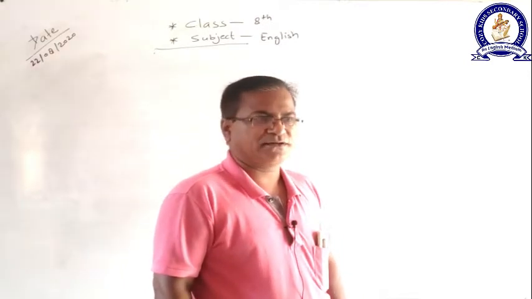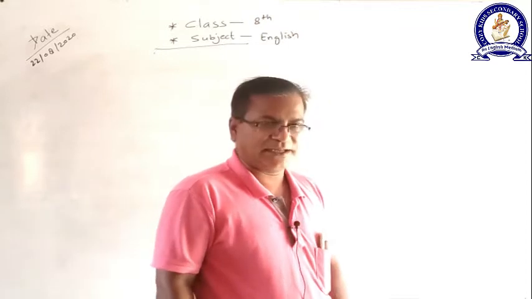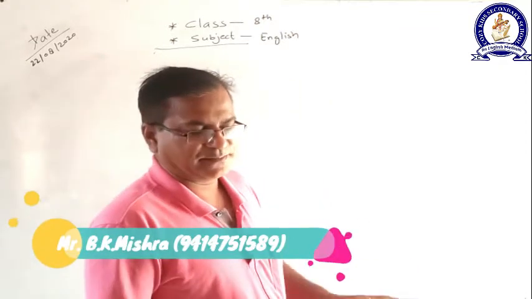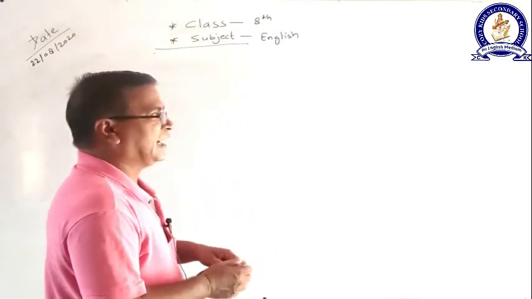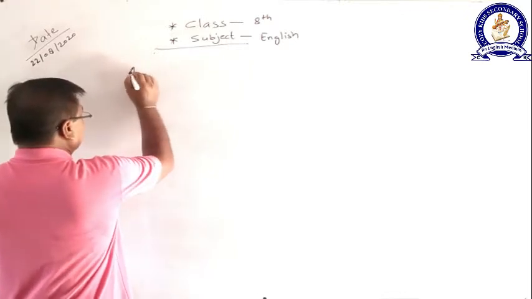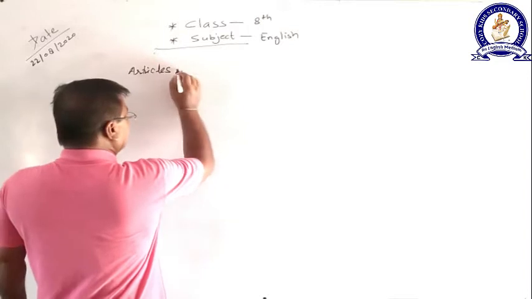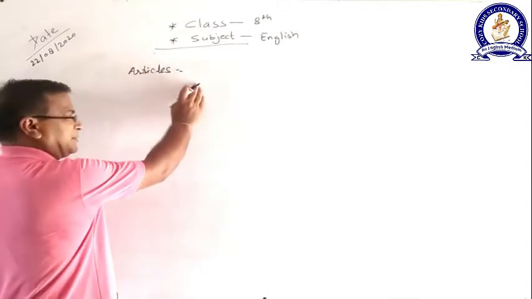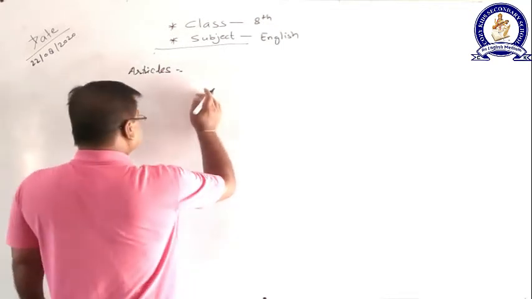In general grammar, the most important topic that keeps coming in your exam for 2 marks is the article. Article means what? Articles are determiners, or adjectives you may say.